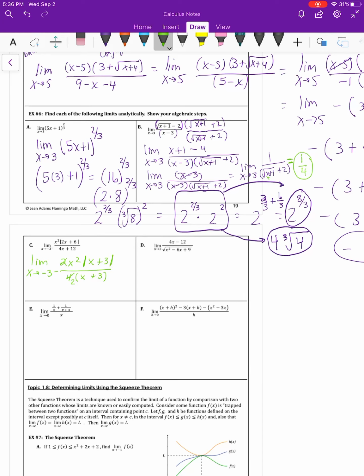And this one is an absolute value, but if you remember correctly, they will cancel. But if you're putting a -3 in, you're going to end up with a negative value.